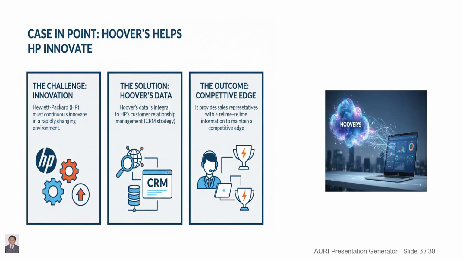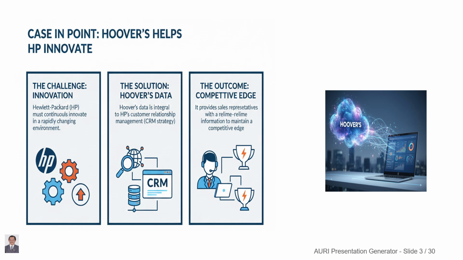To understand the value of effective business research and data integration, let's begin with an example featuring Hewlett-Packard, or HP. HP operates in the dynamic technology industry, where continuous innovation is essential for its ongoing success. To maintain its leading position, HP integrates important business data from Hoover's directly into its Customer Relationship Management, or CRM, system.